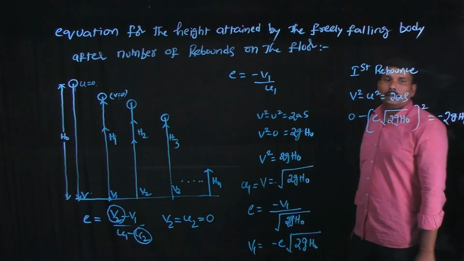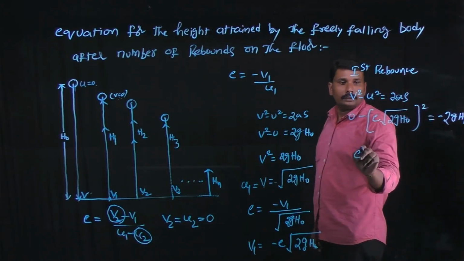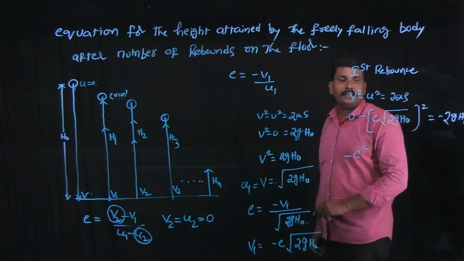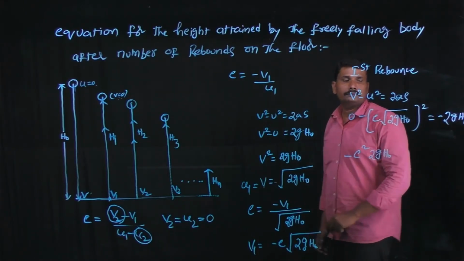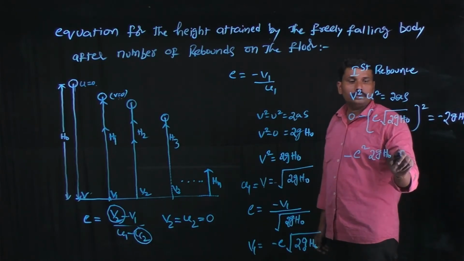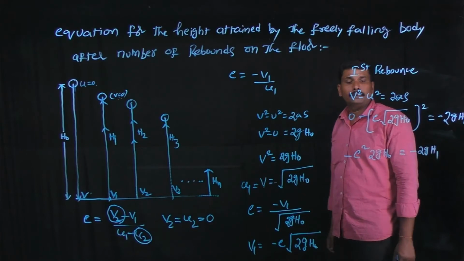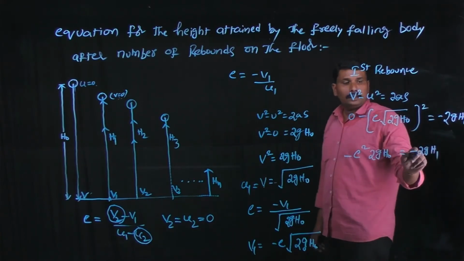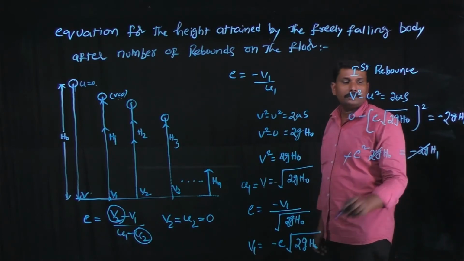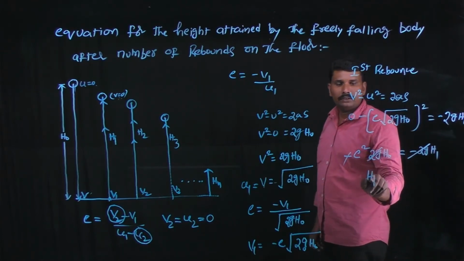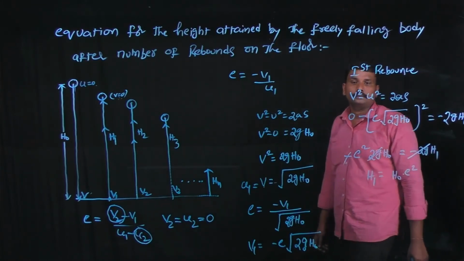Okay, on solving this, it is minus of e square into 2g h naught equals to minus 2g h1. By cancelling the common terms, minus 2g, simply it is h1 equals to h naught into e square.